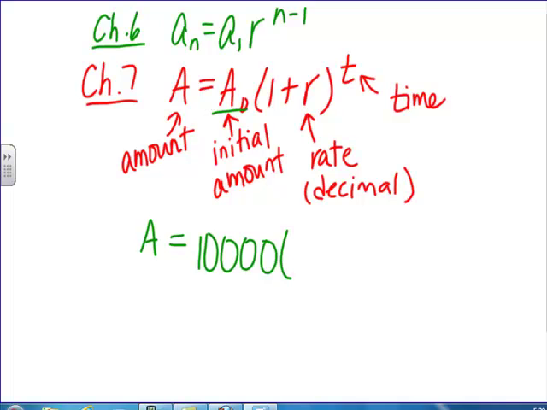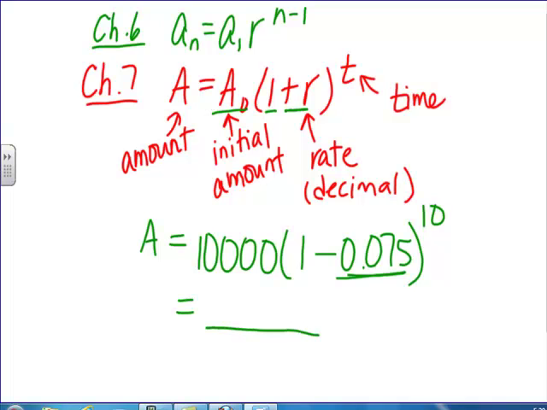Then we'd say, okay, 1, and because we're taking money out, we're going to subtract. So this right here does that subtraction that I had to think about on my own. I'm taking out 7.5%. Notice I put this into decimal form. And then the amount of time is 10 years, which gets to the same answer that I had on the other board.